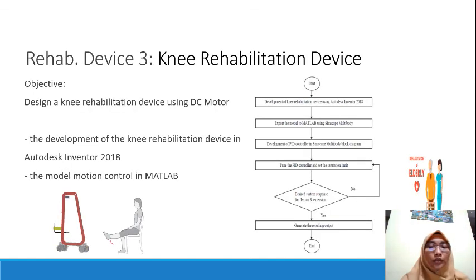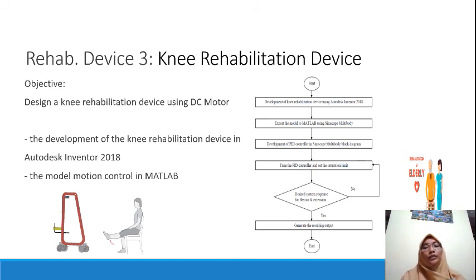So this slide discusses rehab device 3, which is a knee rehabilitation device. The objective for this design is a knee rehabilitation device using DC motors. This is because of stage 2 of rehab device 1, where the actuation system is improved from pneumatics to DC motors.